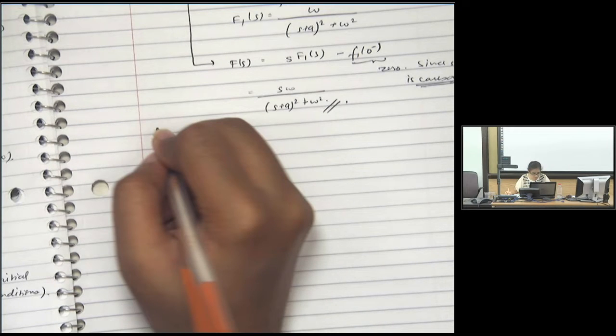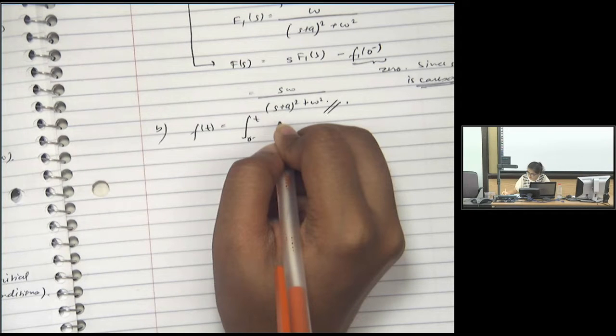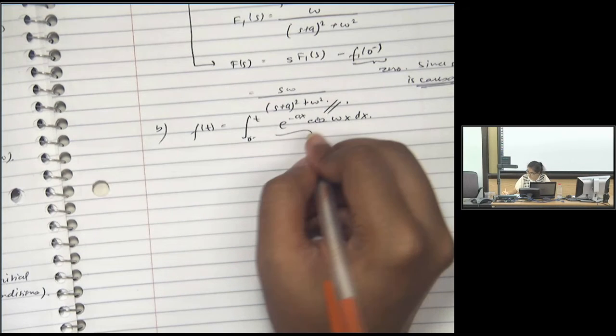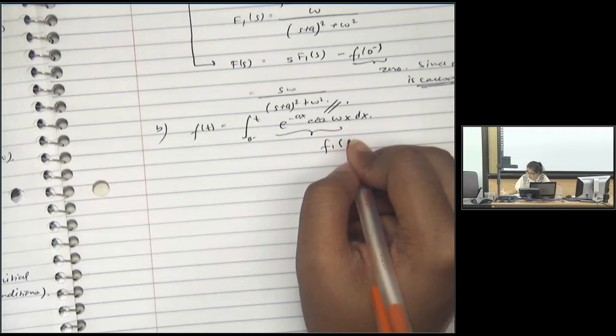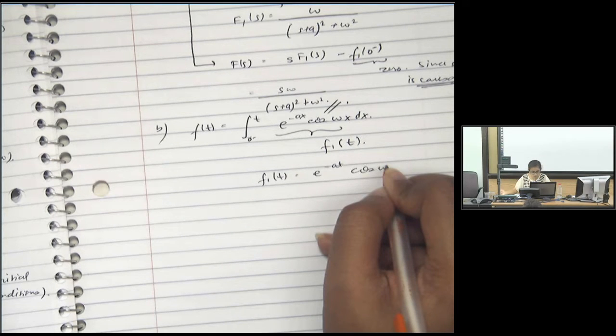Another example of the integration property is just a simple one: the integral of e raised to minus a x cos omega x dx. So assume this is my f1 of t. So my f1 of t is now e raised to minus at cos omega t.